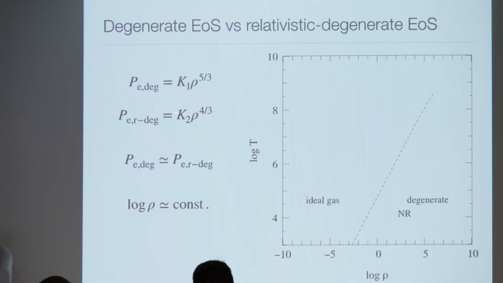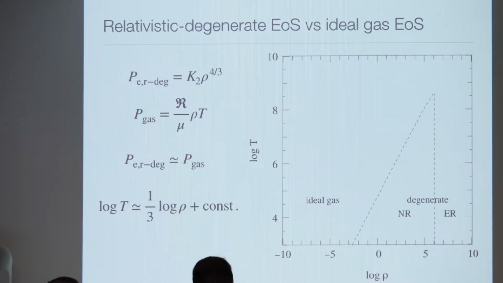If we equate them, we get some density, so this line is just a constant. As we were saying before, this is 10 to the 6 gram per cubic centimeter, and there should be a line at that density where the transition between non-relativistic and relativistic equation of states happens in this plane.